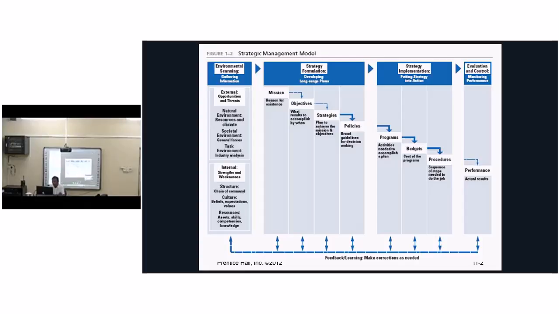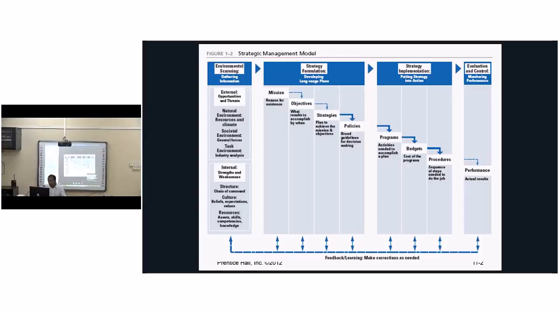We implement things through programs, which is known as program management. We use budgets for strategy implementation. Then finally, the procedures, so standard operating procedures, which the organization needs to follow in order to get something done. So these are things that come under strategy implementation.